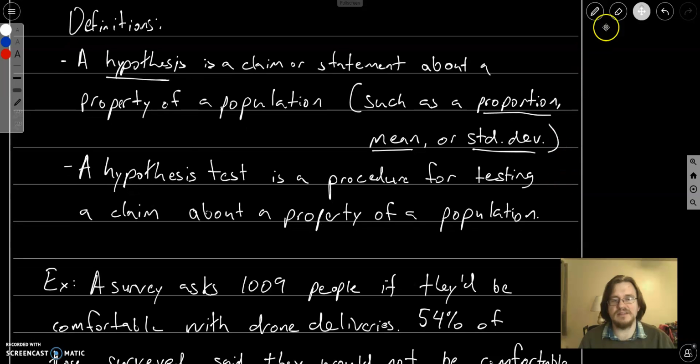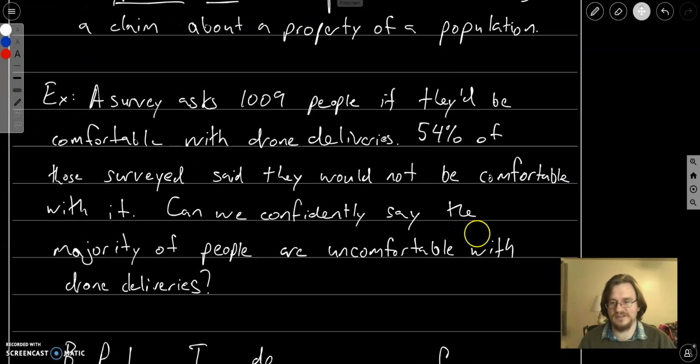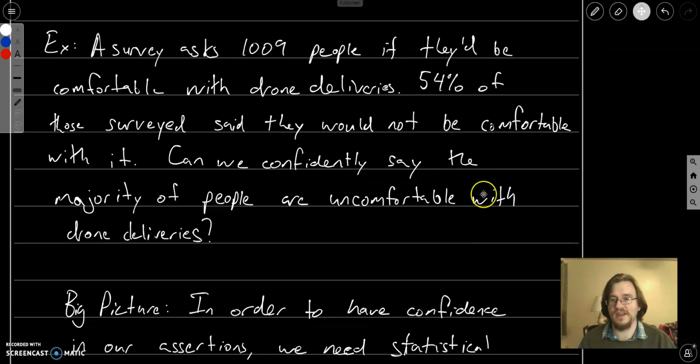And a hypothesis test is just a procedure for testing that claim. This chapter is all about hypothesis tests, making sure that we know exactly how to analyze whether or not we're correct in our claim about proportions or means or standard deviations or whatever property of a population we're looking at. Please excuse my furnace as it's going off now.